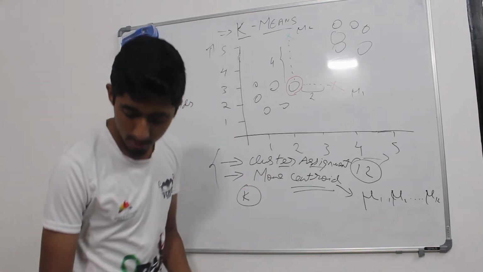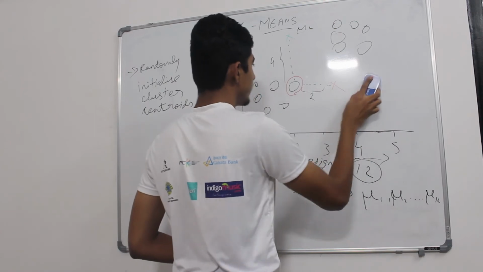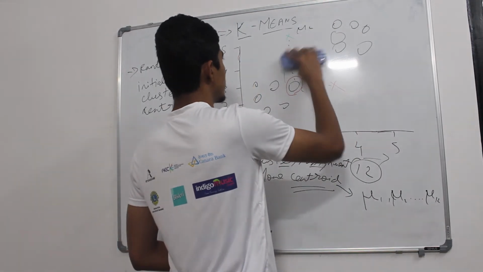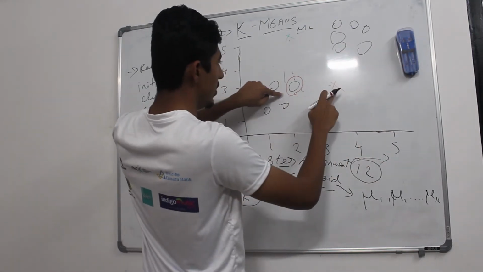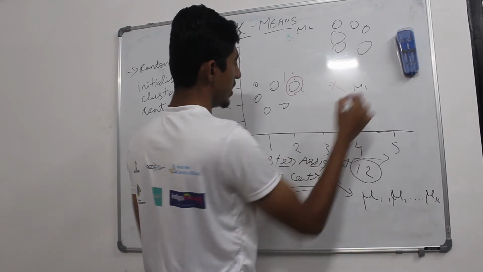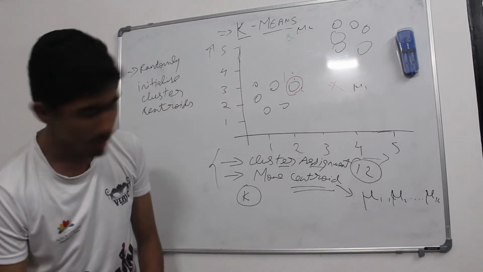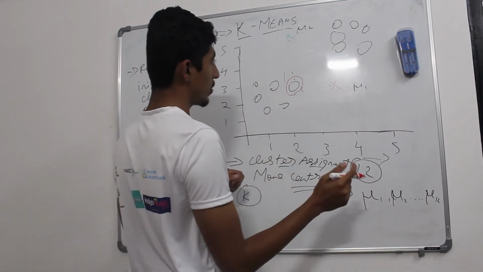Let me just erase this real quick. So what now happened is, this data point is assigned to cluster centroid mu1. This is assigned to cluster centroid mu1. Let us generalize, let's not be too accurate at the moment.